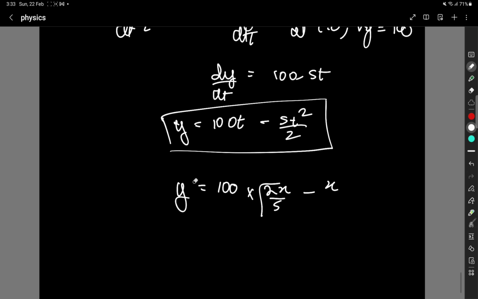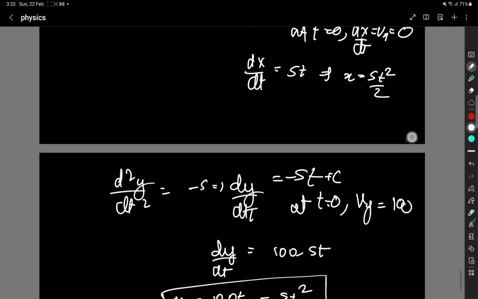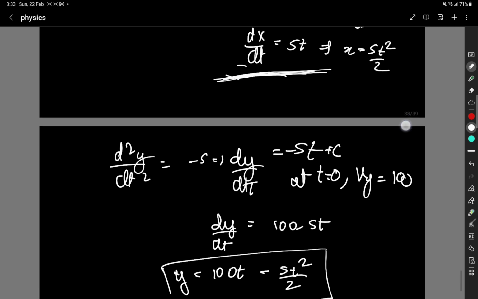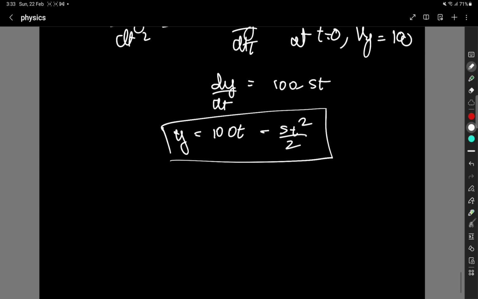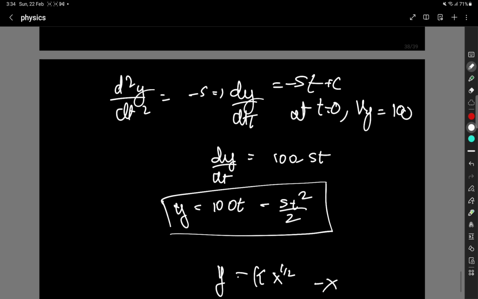And here, how do we derive that it's a parabola? Look at this. dx by dt is here, dy by dt is also here. My equation is correct.